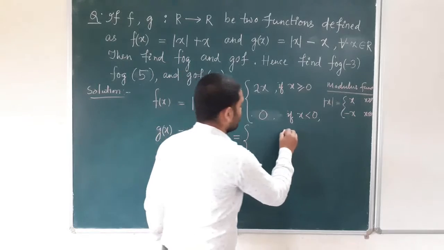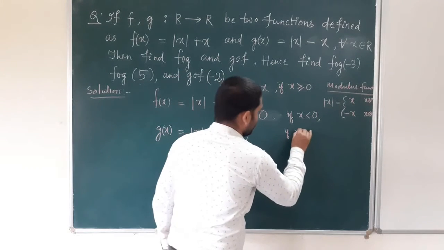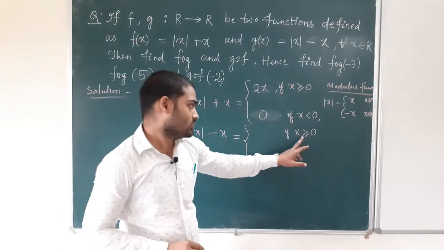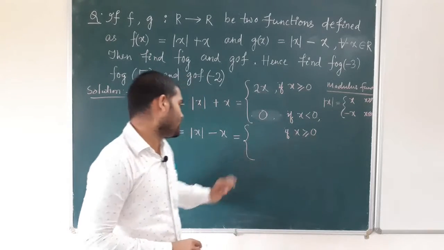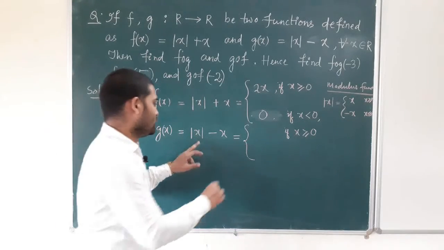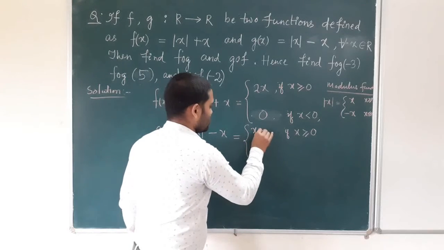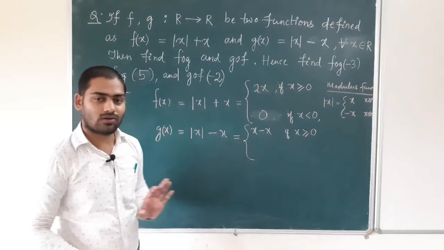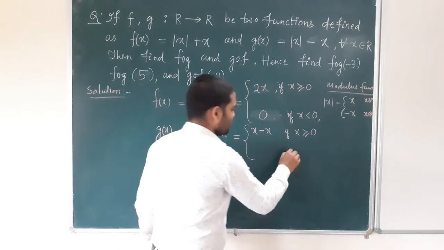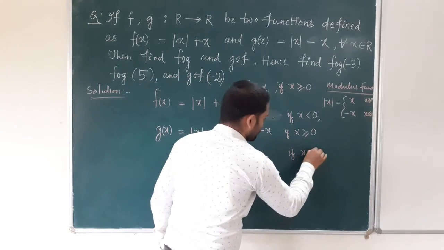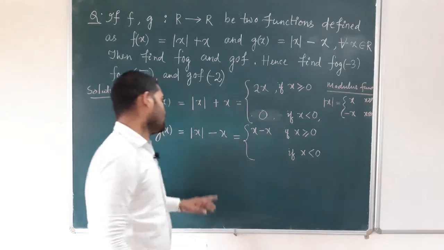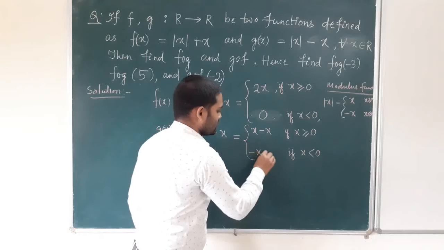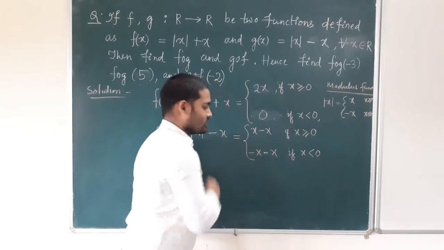When x is greater than or equal to 0, this remains the same, x minus x, and when x is less than 0, then this is minus x minus x.